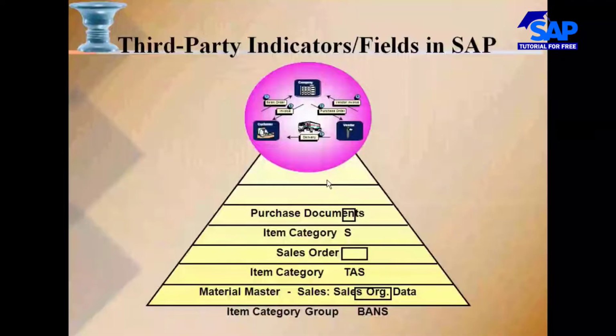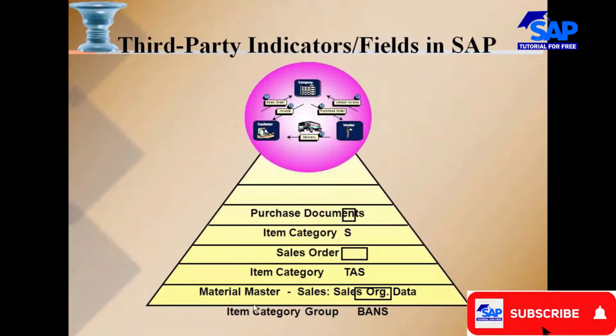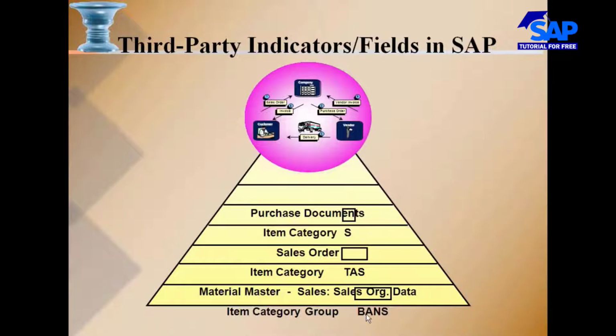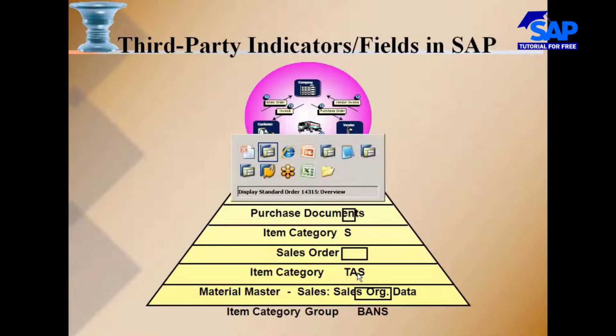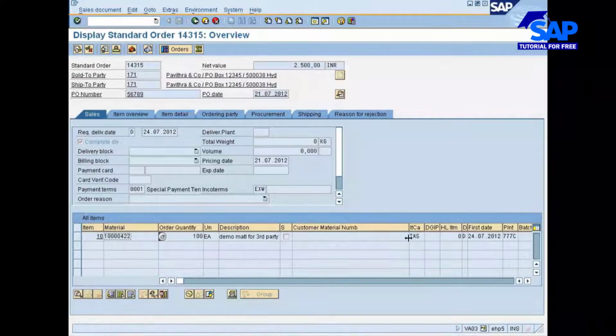Okay, now you see here, this is what we have been discussing. The item category group BANS maintained in the material master will be converted into item category TAS in the sales order. Okay, you see here sales order TAS has come automatically, which is fine. Now go to procurement tab.